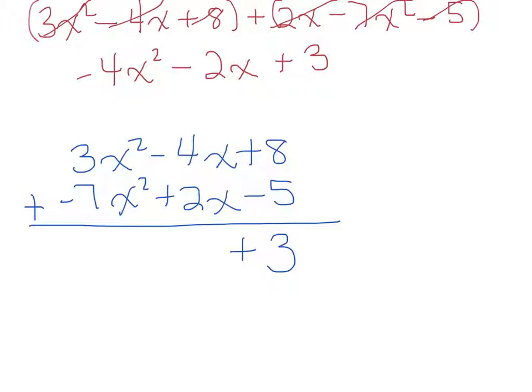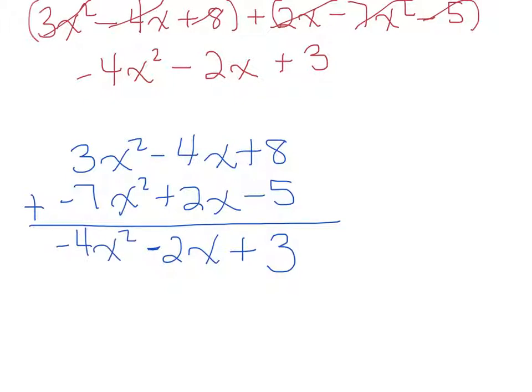And negative 4x plus 2x is again negative 2x. This is a negative right here. And 3x squared plus negative 7x squared is again going to be a negative 4x squared.